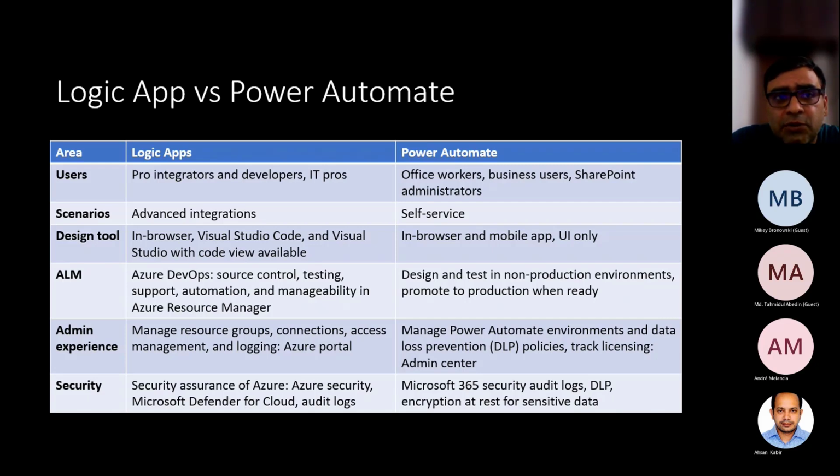Coming to the scenarios, Logic Apps is meant for advanced integrations because it supports both default as well as custom integrators. On the other side, Power Automate is not meant for advanced integration. It's meant more for simpler integrations, though you can also make it a bit complex, but by default it won't give you all those custom features.